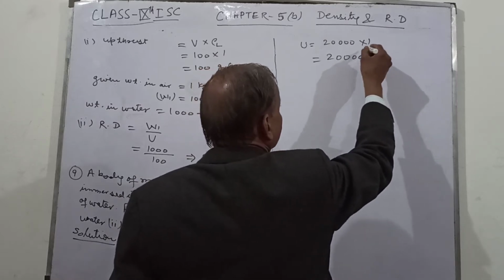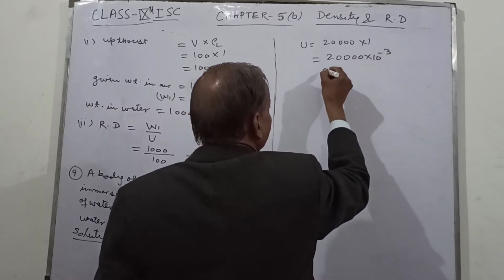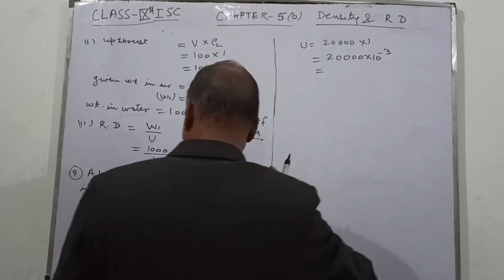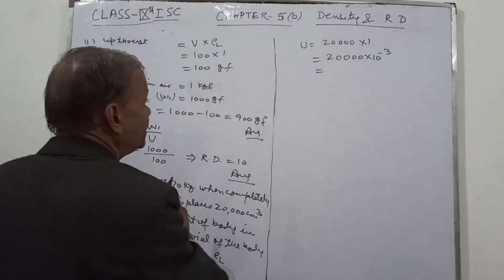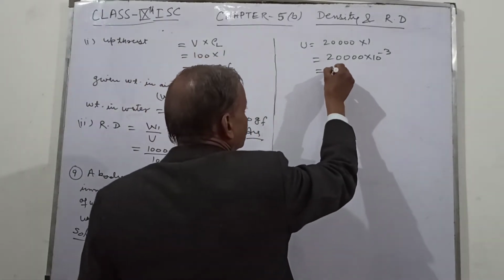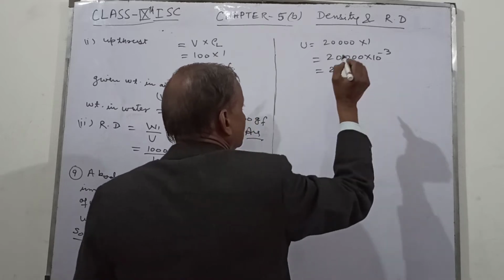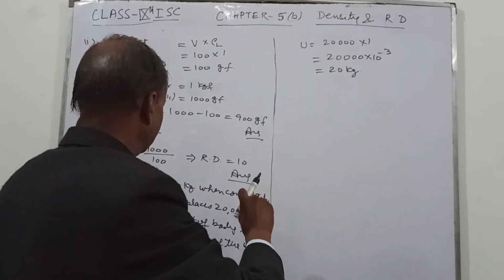Converting gram to kilogram, because you are given this 70 kg, this is now your 20 kilogram. So much is the thrust.